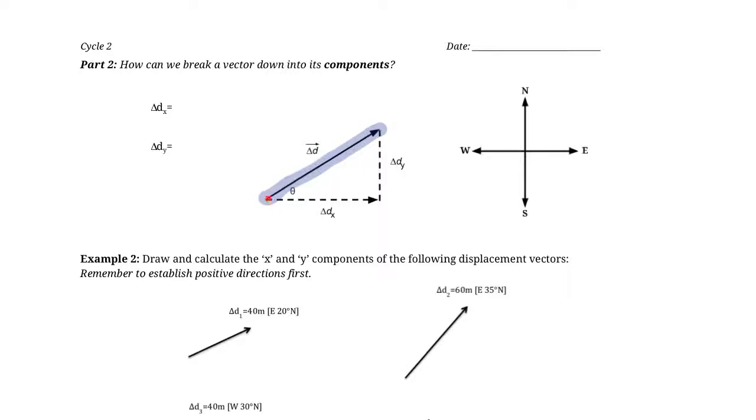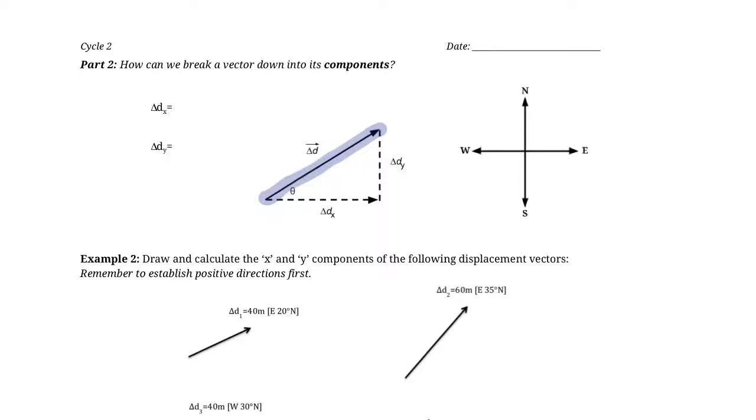Or in other words, how do we get from this point to this point by only going in the x and the y directions? We could go like that. We also could go up and over, and those are essentially the same thing. Usually we like to do x before y, because in math we like to do x before y. So the components of a vector are the x and the y part of it.